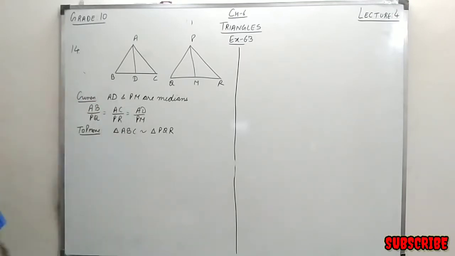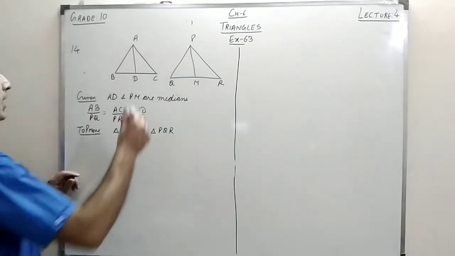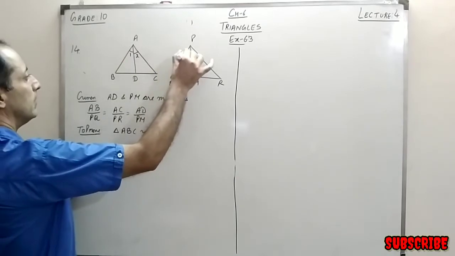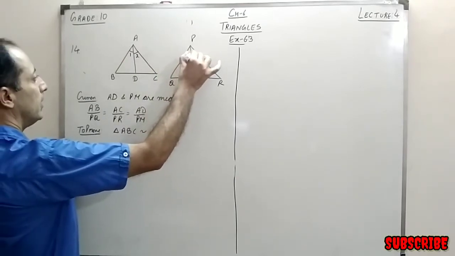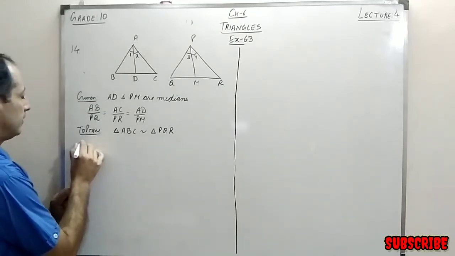Obviously, if I prove angle A is equal to angle P, then I can apply SAS property and prove that the triangles are similar. Now the question is, how can I prove A and P equal? So what I do, I just do like this. This is 1, 2, 3 and 4. Since this is a little bit tricky question, we do a construction here.